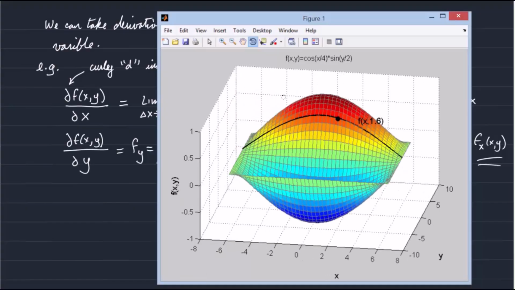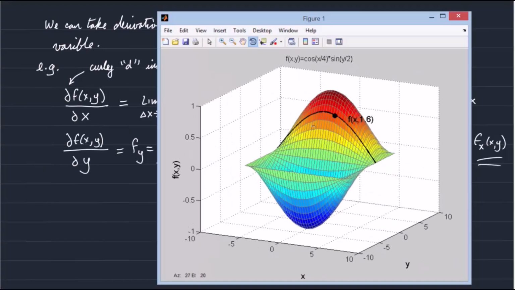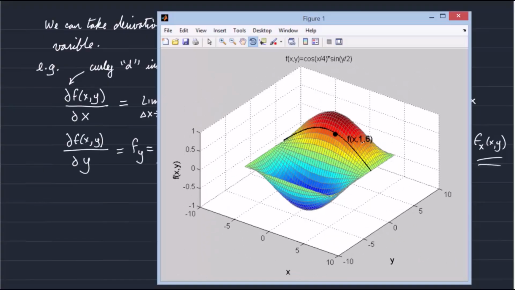And we can interpret the partial derivative of this function with respect to x as the slope of this curve in the x direction, right? So in this case, y is a fixed value, and we can evaluate the partial derivative everywhere along the curve. And with respect to x, it's the slope in the x direction.